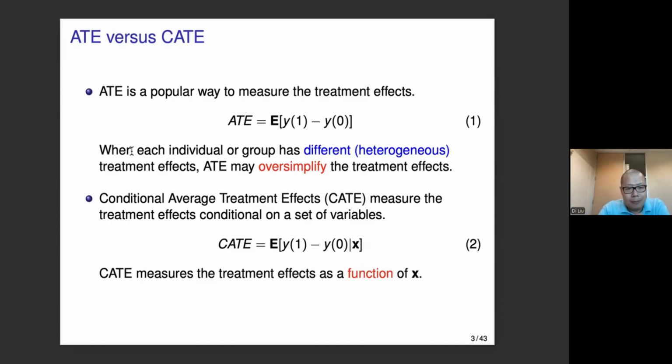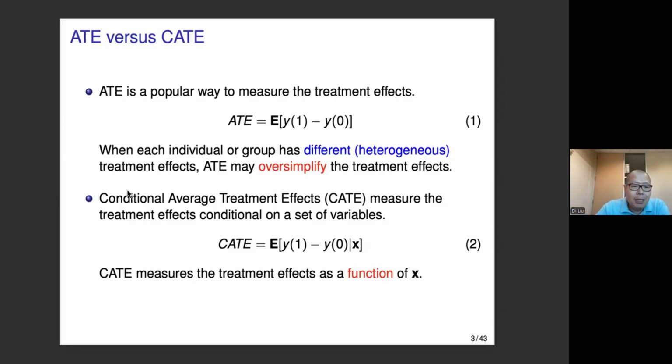However, when individuals or groups have different treatment effects, using a single mean may no longer be good enough to summarize them. Sometimes ATE may be too large or too small to summarize the whole distribution of the treatment effects. So ATE may oversimplify the treatment effects.